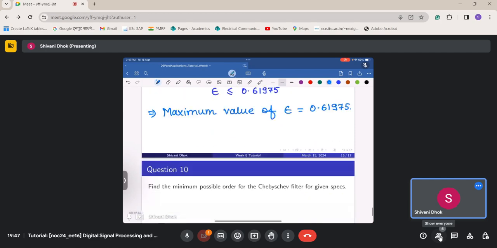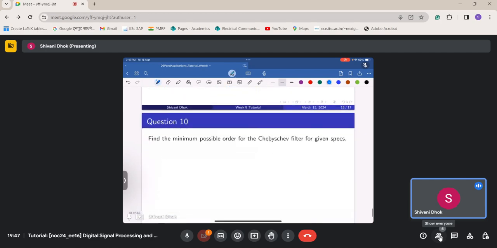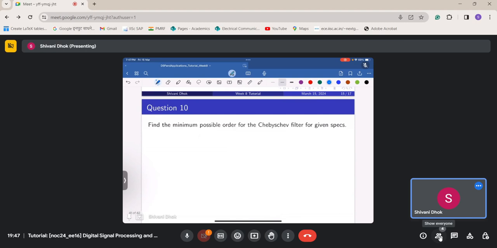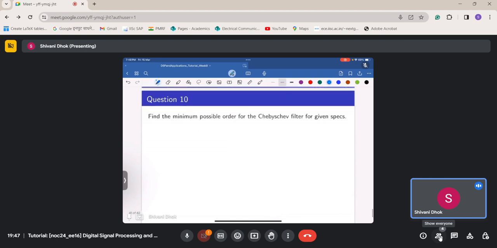Okay. If there are no further questions, let me move on to the last question today. We need to find the minimum possible order for the Chebyshev filter for the given specifications. For a Chebyshev filter, this order n is greater than or equal to the ceiling of cosh inverse of under root of d2 by d1, upon cosh inverse of omega ls upon omega lp.